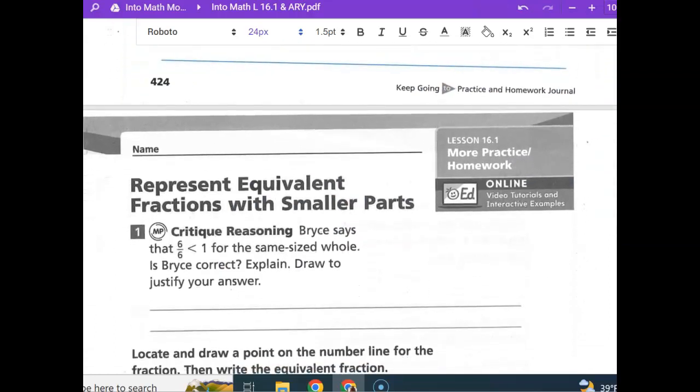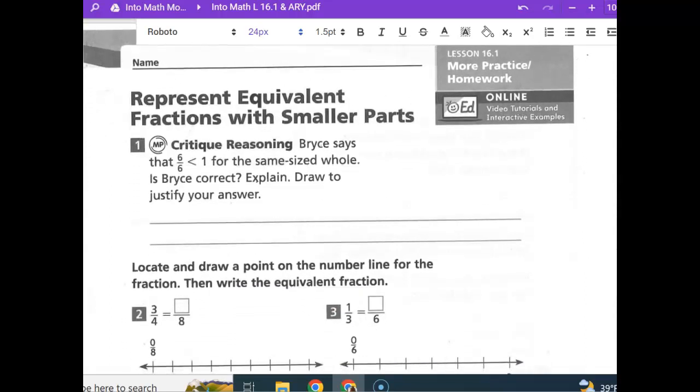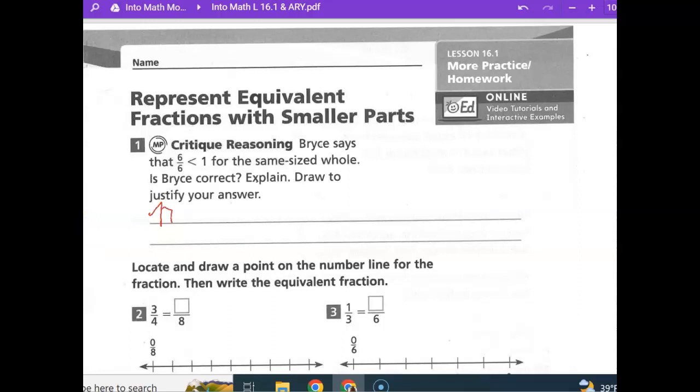We're going to go ahead then and look at the homework. There's a couple on here I think you might need help with. So it says Bryce has 6/6 is less than 1 for the same size whole. Is Bryce correct? Well, we have learned that if a fraction is the same in the numerator as it is in the denominator, then they are the same. So no, he is not correct. 6/6 is equal to 1.